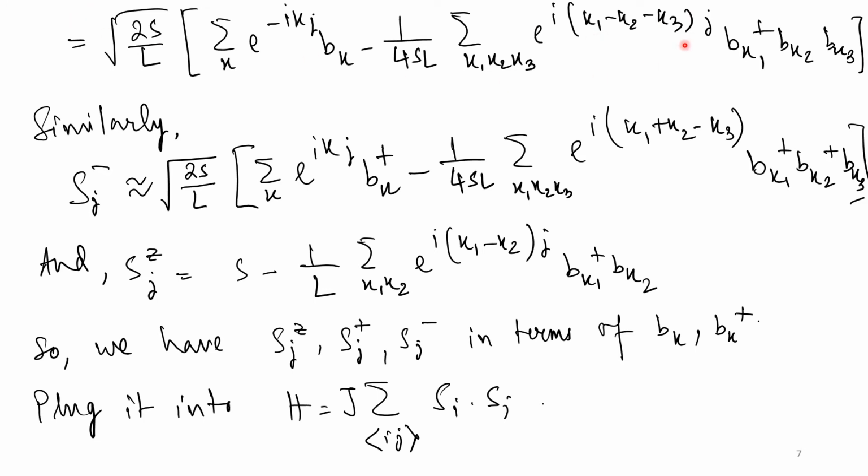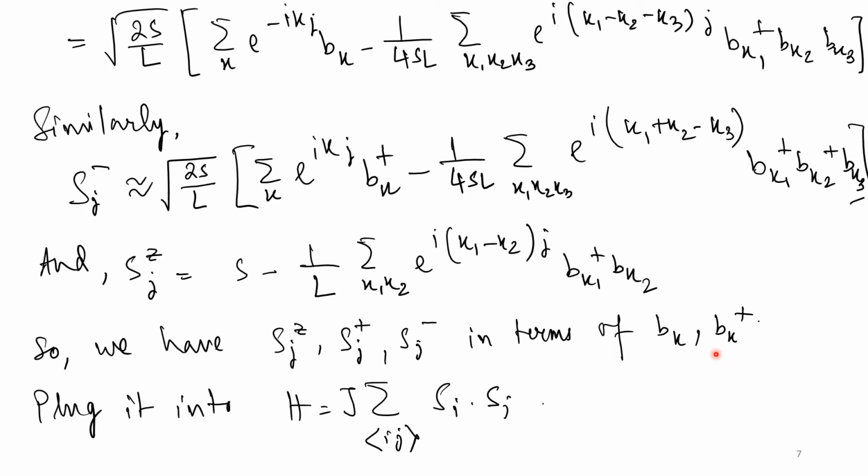Okay, that's it. Similarly, Sj minus can also be found, a very similar expression, and Sj Z, as we found earlier, was already bilinear in A, so this is also bilinear in B dagger and B with the appropriate coefficient. Good. So now essentially we have Sjz, Sj plus and Sj minus in terms of these new operators B and B dagger.